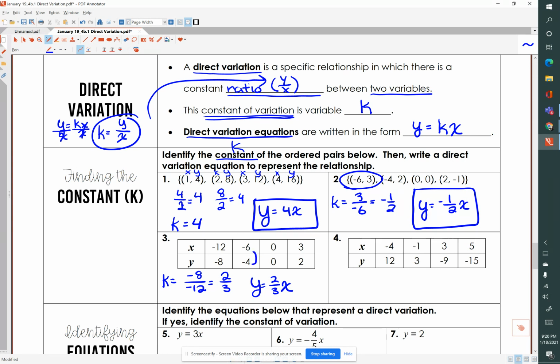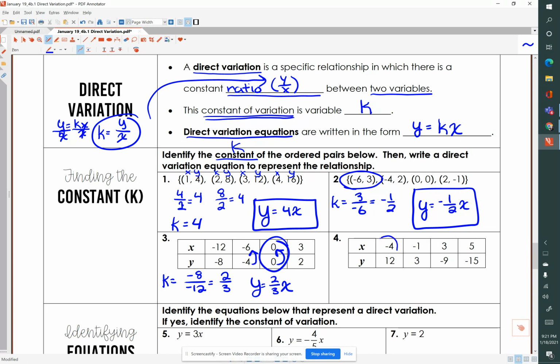Remember, each one of these has to give us the direct variation relationship of 2/3. Now, we'll talk about this in a couple of minutes. But meanwhile, y equals 2/3 x. Let's look at number 4.